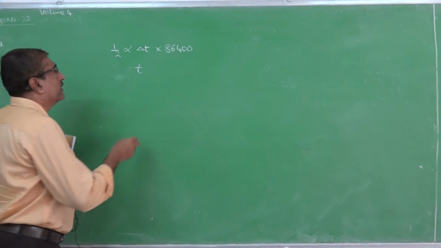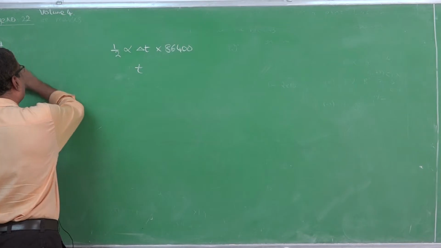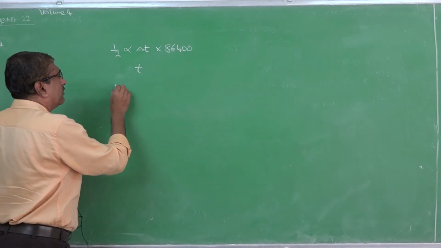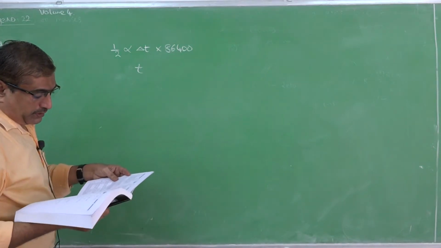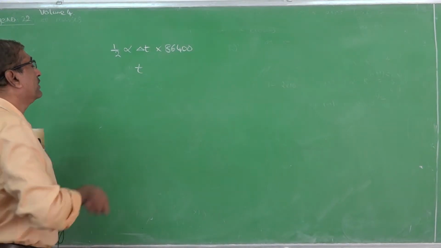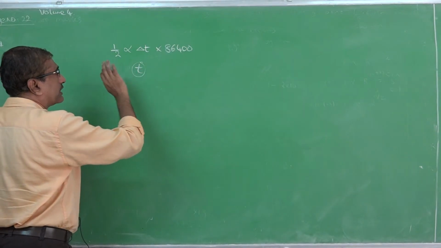Now, for the first case, it runs fast by 5 seconds per day. So, assume that this is the correct temperature, the temperature at which it shows correct time.